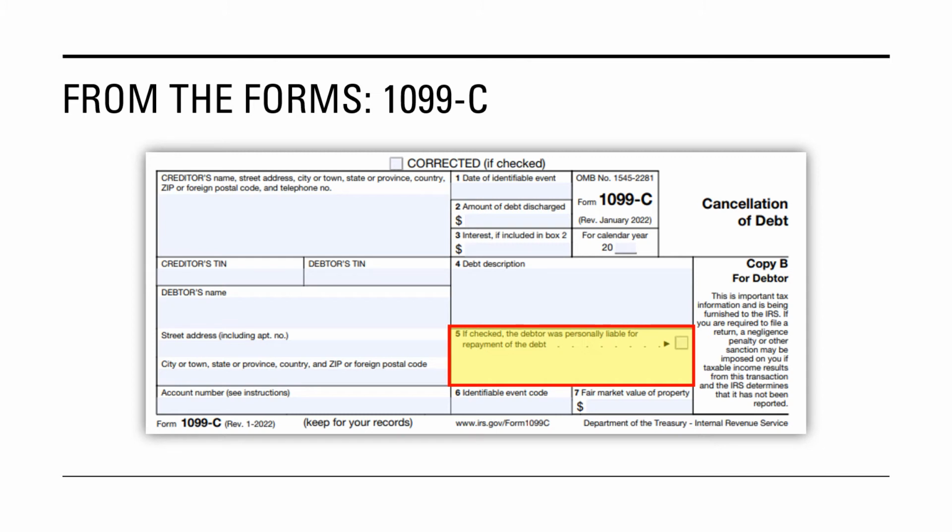But it's important to note that our clients could be coming in with just the 1099-A. They could be coming in with a 1099-A and a 1099-C, or if the foreclosure and the cancellation of debt happened together in the same year, then it's possible that the lender will only provide a 1099-C. And you can see in boxes 6 and 7, there is space for the lender to report some of the same information that the 1099-A was reporting.